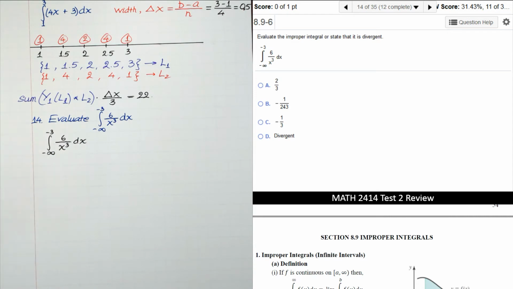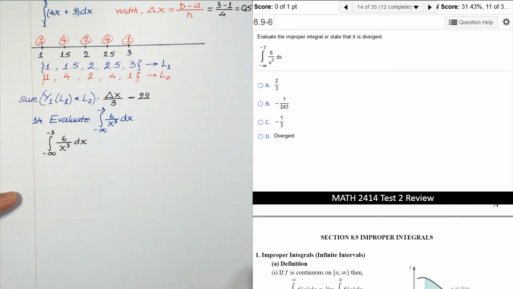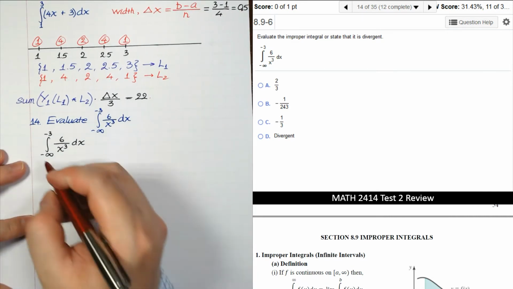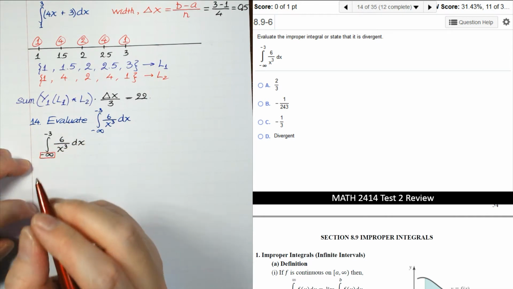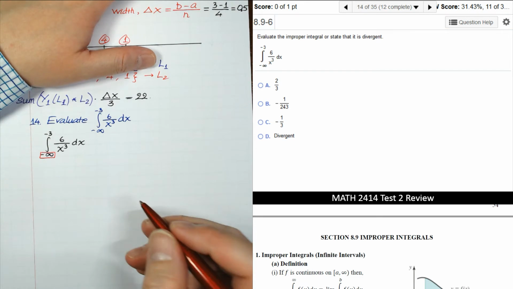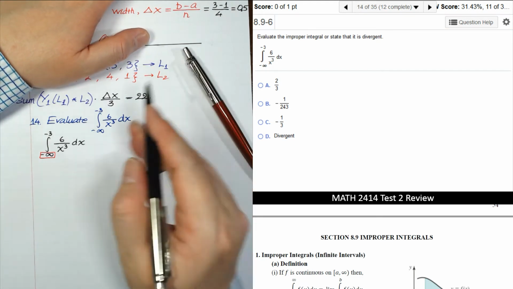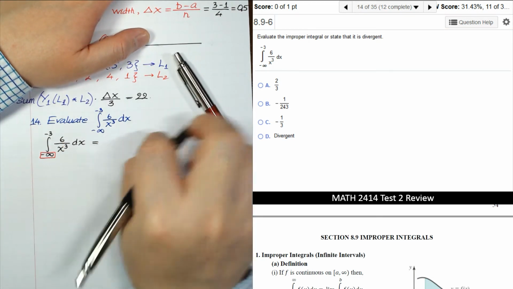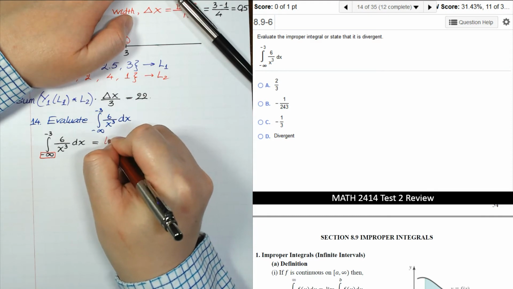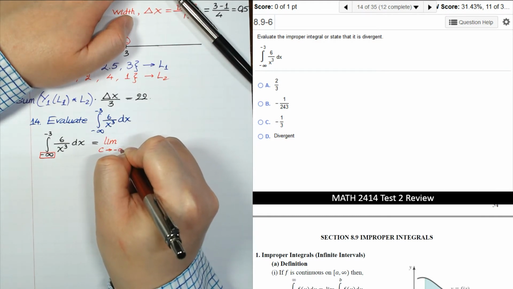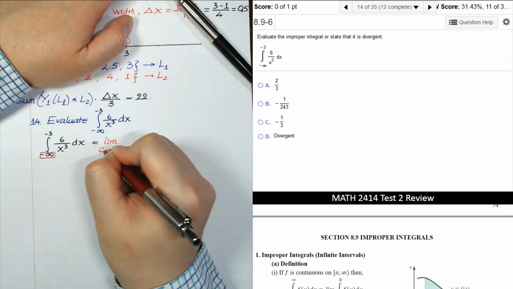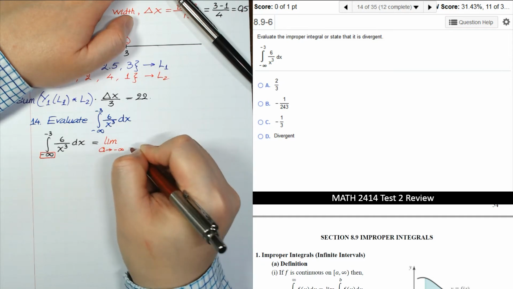Right. So first thing we do is, if there's infinity on the limit, positive or negative, we should change the limit to a number. The lower limit, let that be a.